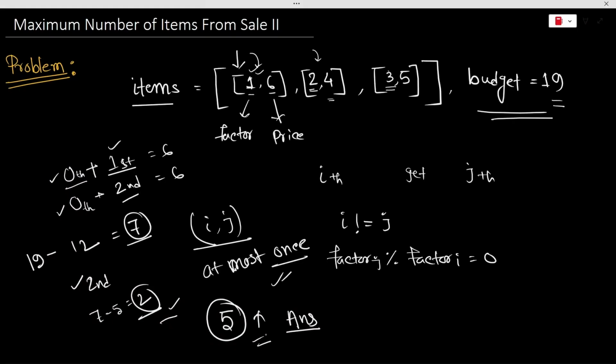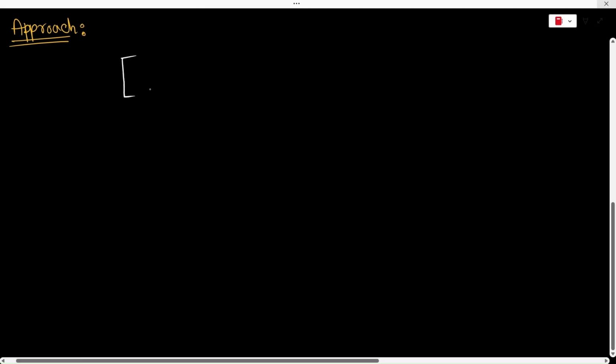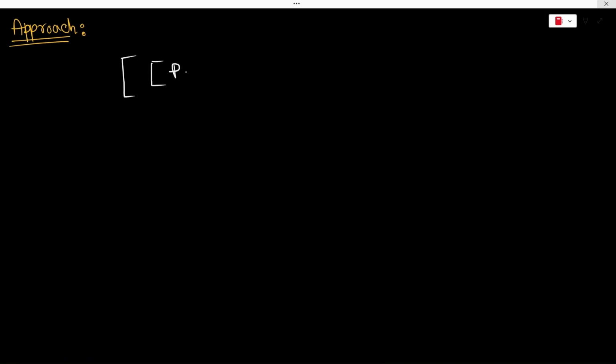Okay. Now let's see the approach over here. Now suppose somehow we got a 2D array which tells us if we spend this price, we can get this number of free items. Suppose we have generated this array. So there will be some p1 comma n1.